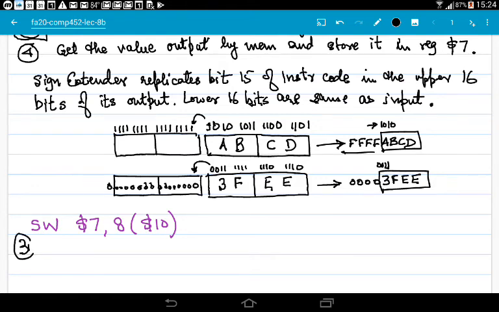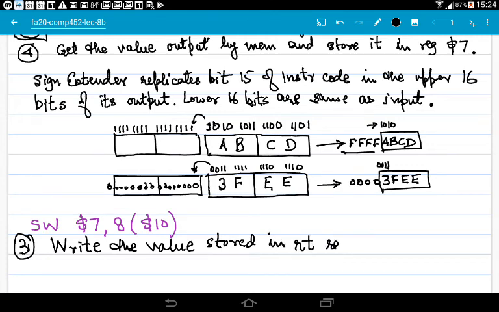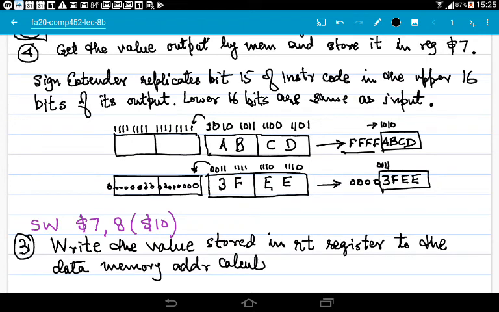So in the third step, write the value stored in RT register to the data memory address calculated in step 2.